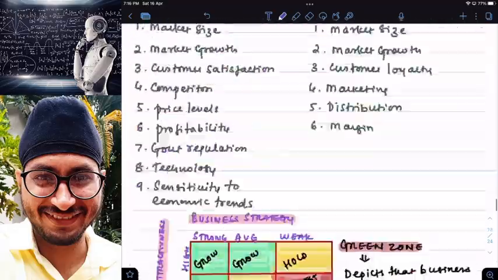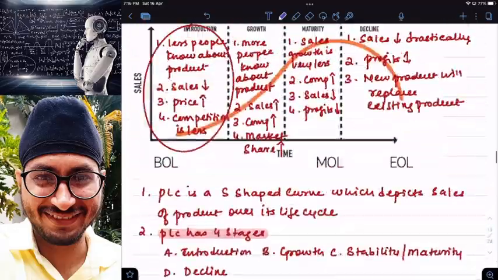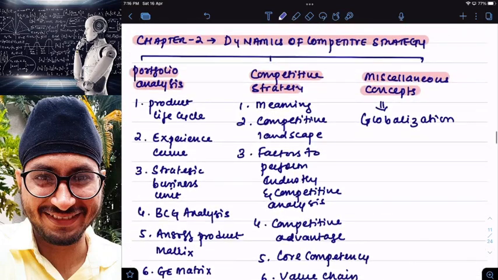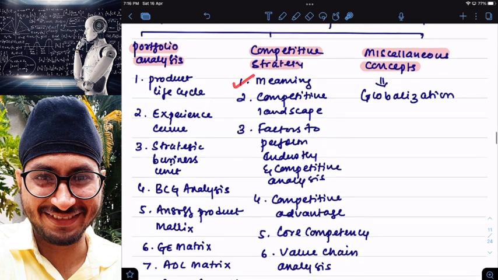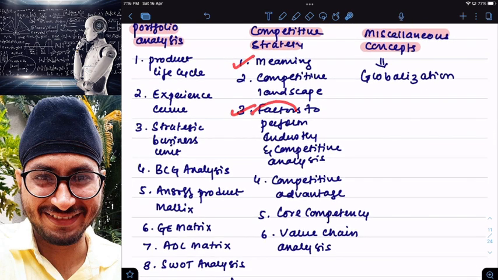Now coming back here, we have discussed the meaning of competitive strategy. We have discussed factors to perform industry and competitive analysis.